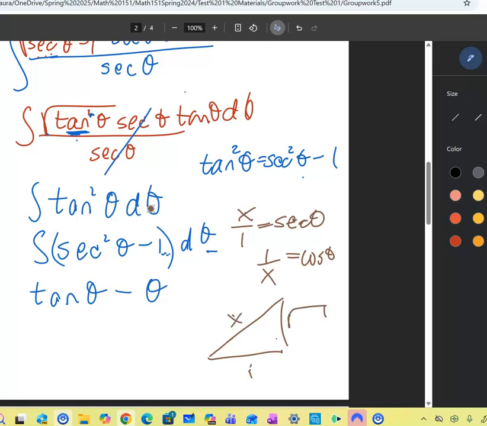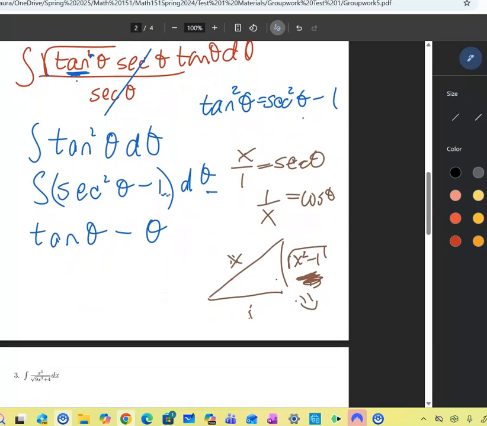Fill in the third side, which should make you feel good because this should be the expression, right? This squared, subtract this squared would be the third side. That's the expression that was in my original problem. So a little bit of a happy moment there. Tangent theta would be opposite over adjacent, and then over a 1, and then subtract off.